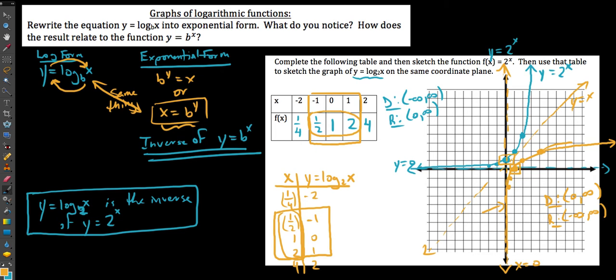So you're going to notice that on this one here, I used the inputs 1/2, 1, and 2, but this was a log base 2 kind of a thing. So why did I use 1/2, 1, and 2? I think it's easy to find what I could take 2 to the power of to get 2, and I think it's easy to find what I could take 2 to the power of to get a half.